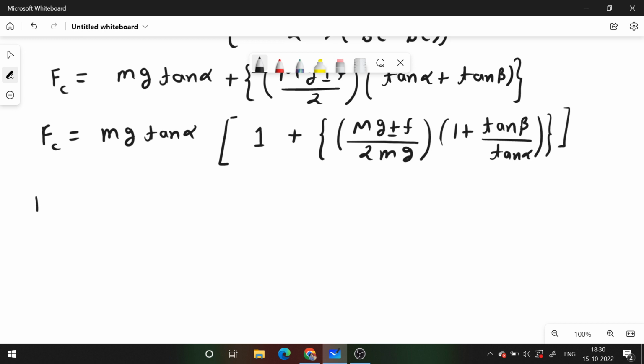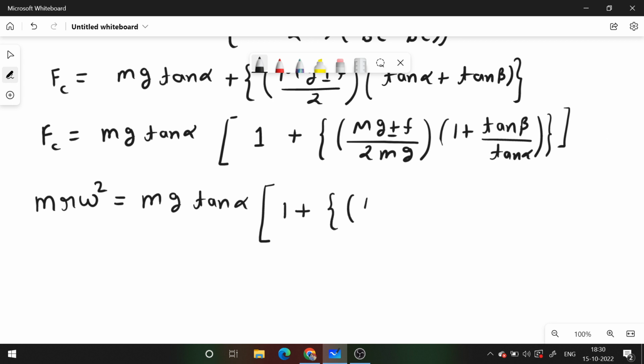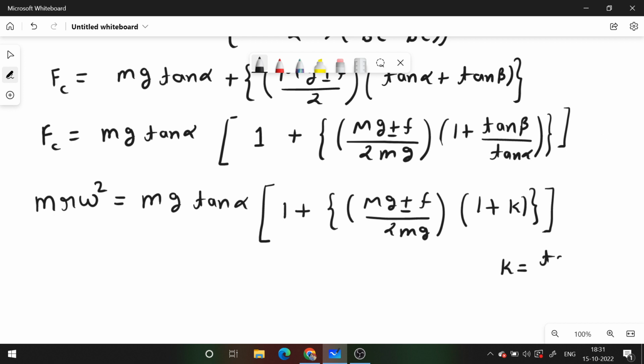We know that FC is equal to m r omega square, equal to mg tan alpha, bracket 1 plus mg plus minus f upon 2 mg, within bracket 1 plus k, where k is equal to tan beta upon tan alpha.